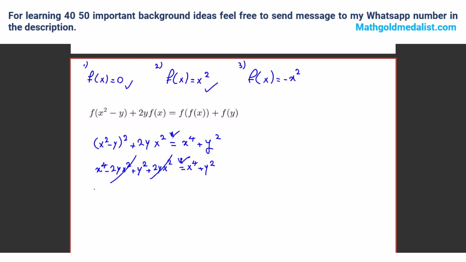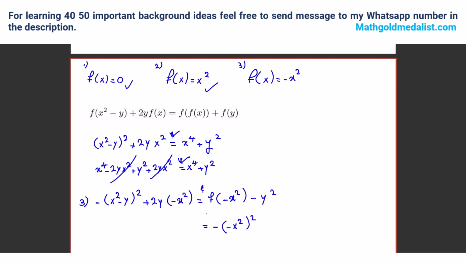Let's check third one. For third one, we say what? It is equal to negative x squared minus y whole squared plus 2y times negative x squared, and this one, it's f of negative x squared plus minus y squared. And this part would be what? Negative this one squared, negative x squared squared.